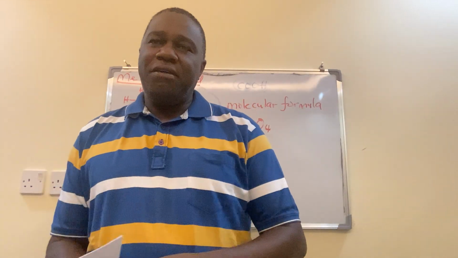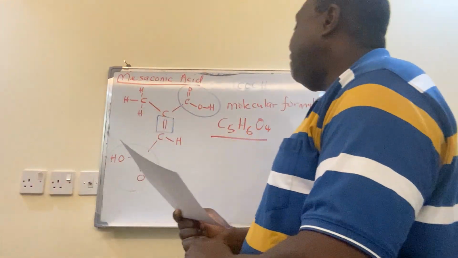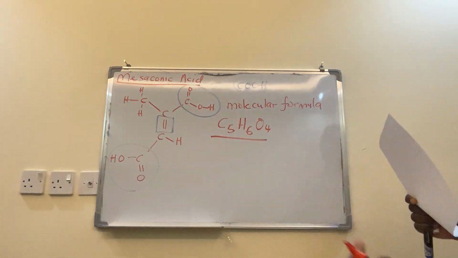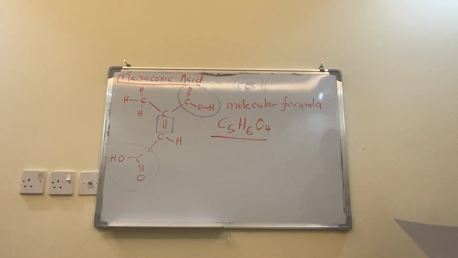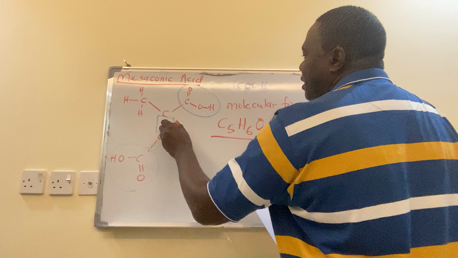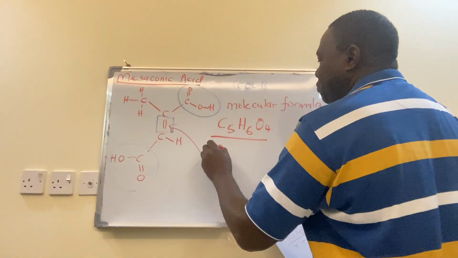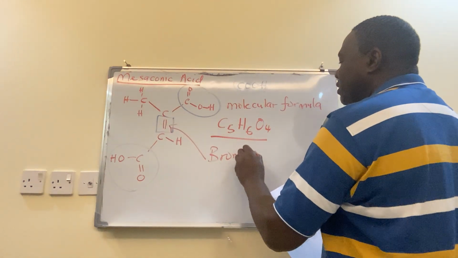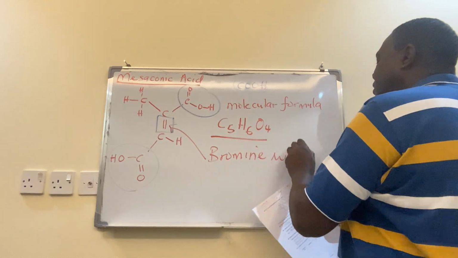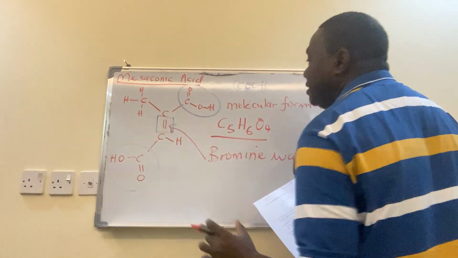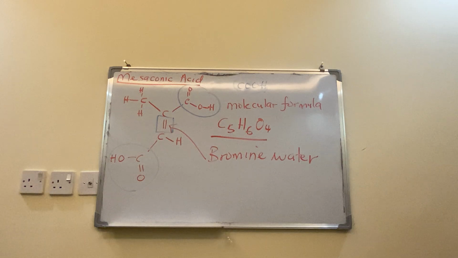I hope you still remember that when distinguishing saturation from unsaturation, we use bromine water. So this part here, we expect it to react with bromine water. That part of mesoconic acid will tell us the presence of a double bond.